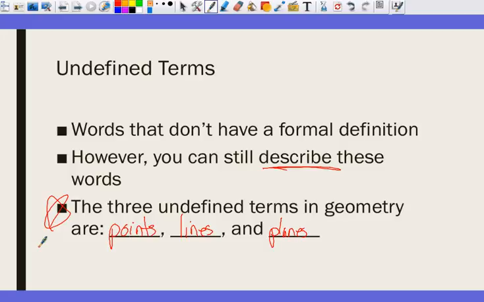You just have to know what the 3 undefined terms are. For some reason, the CBA loves that question. I'm pretty sure it's also going to be on the test, too. So to recap, undefined terms don't have a definition, but you can describe them. Pencils down when you're ready to move on.